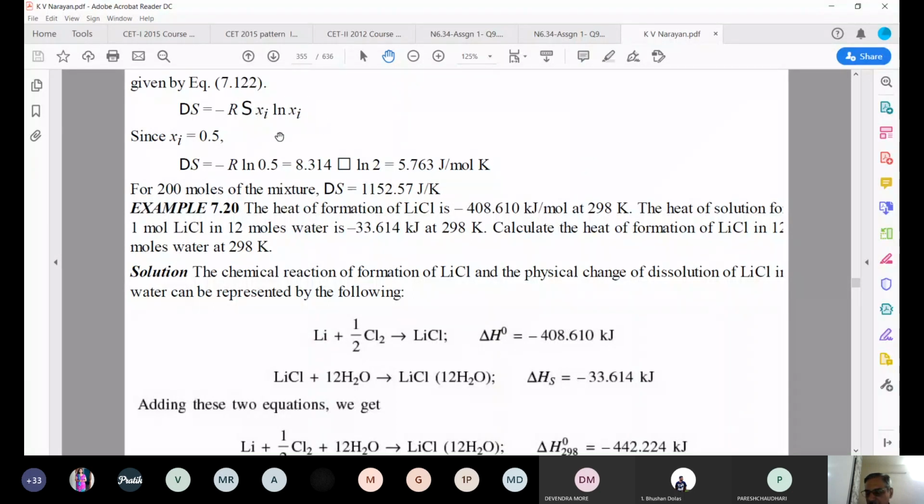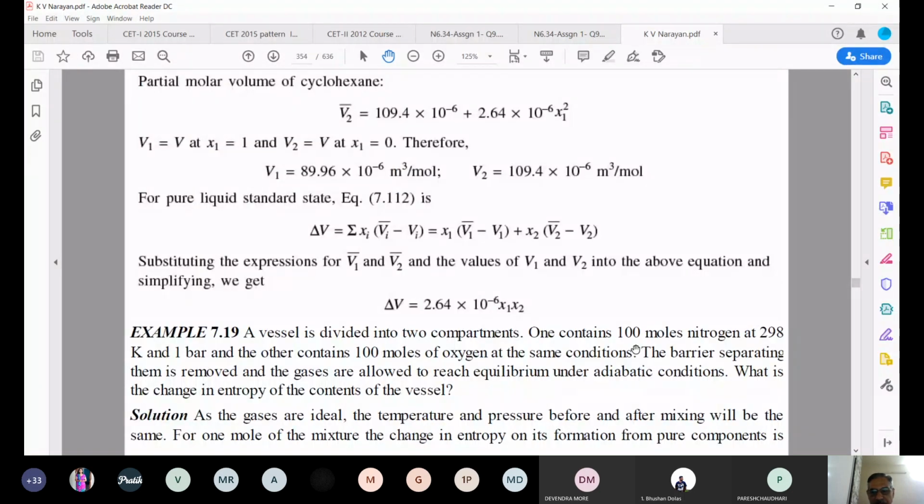So now when we mix nitrogen and oxygen, 100 moles each, what will the mole fraction be after mixing? 100 moles nitrogen, 100 moles oxygen, mixed together. What will the mole fractions of nitrogen and oxygen be after mixing? 0.5, because we are mixing 100 and 100, so 200 total moles.